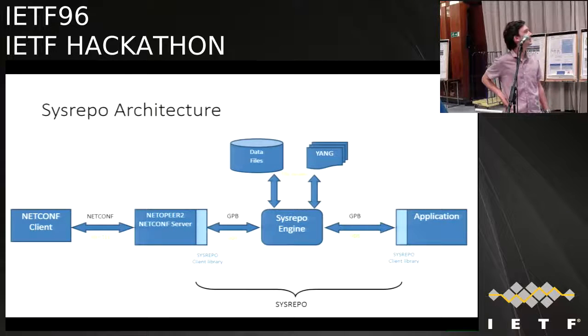How do we do that? We consist of two core components. One is the Netopeer2 NETCONF server, and the second one is the Sysrepo data store. The Sysrepo data store is YANG based. That means that if you have an application which wants to be managed via NETCONF, you just write the YANG model, install the YANG model into the data store, and instead of loading your configuration from some configuration files, you load the configuration from the Sysrepo data store.